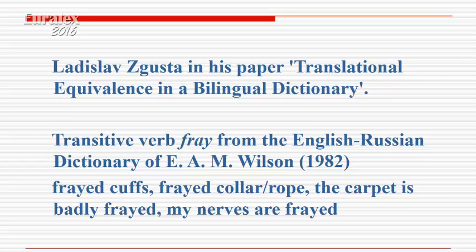So he describes the entry for the transitive verb fray from the English-Russian Dictionary of Wilson. He writes that after the entry word fray there is a colon, and then you get these concrete examples like frayed cuffs, frayed collar, frayed rope, the carpet is badly frayed, my nerves are frayed. And this is accompanied with a Russian translation.